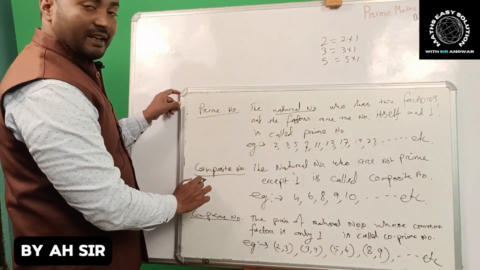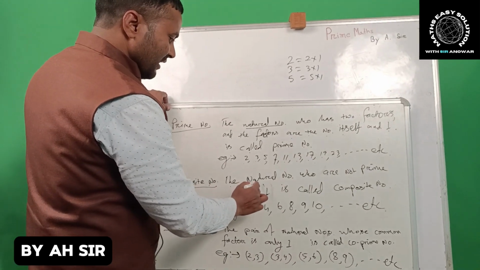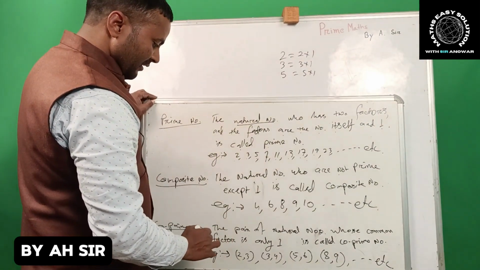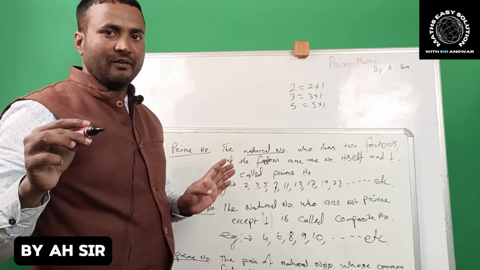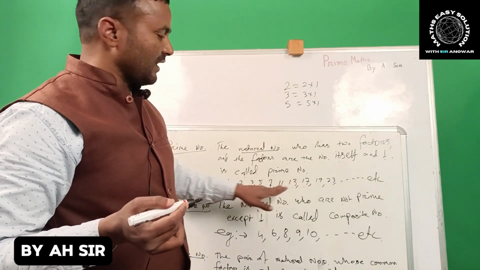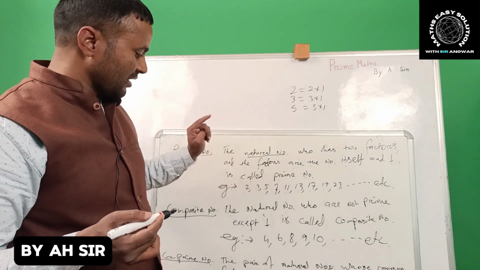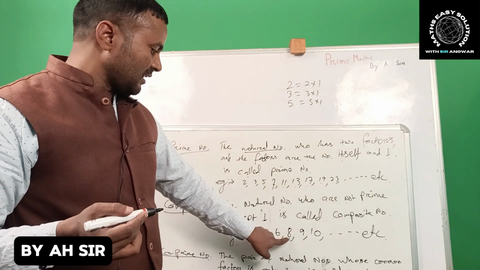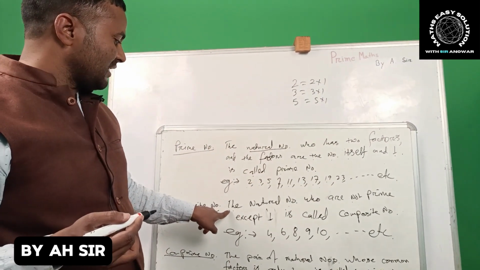After that, look at the next point, composite number. The natural numbers which are not prime. It means from the natural numbers which I explained, 1, 2, 3, 4, 5, in that group, whichever are prime are here. The ones which are not prime, except 1, are called composite numbers, like 4, 6, 8, 9, 10. These are called composite numbers. So what is written here?